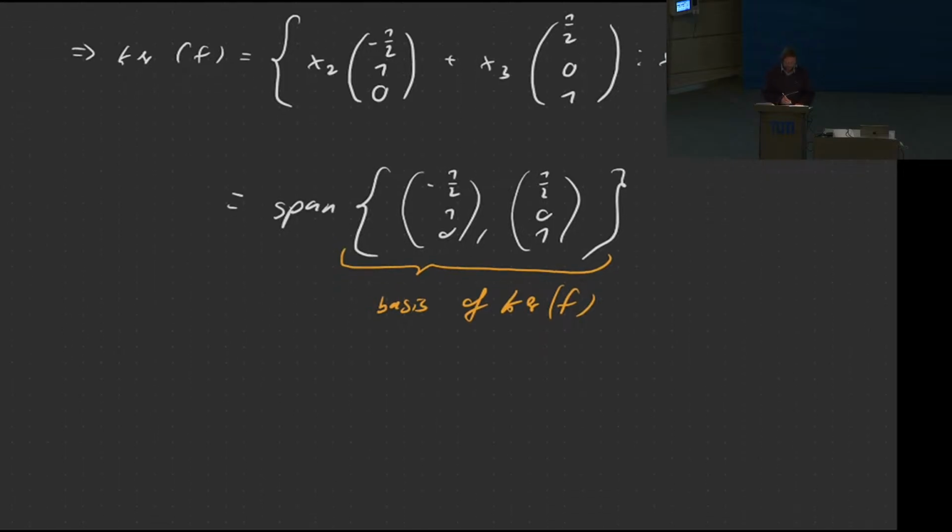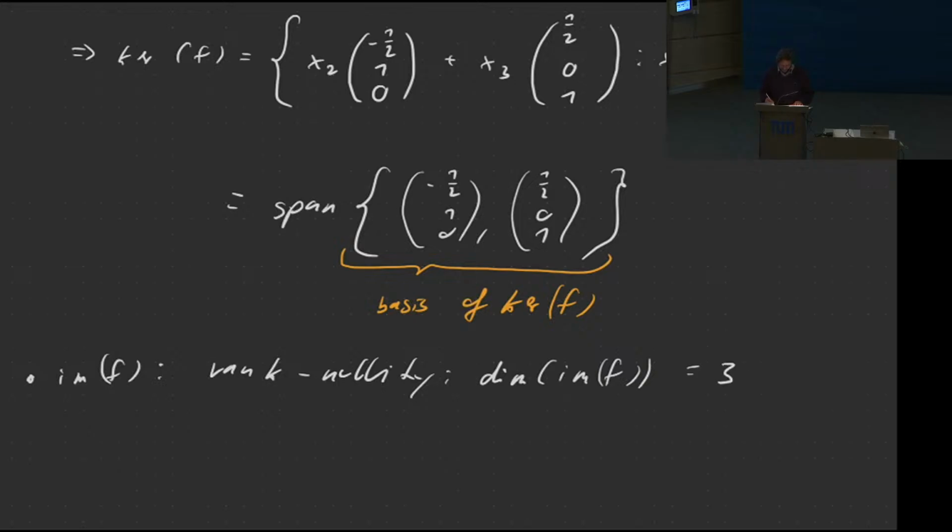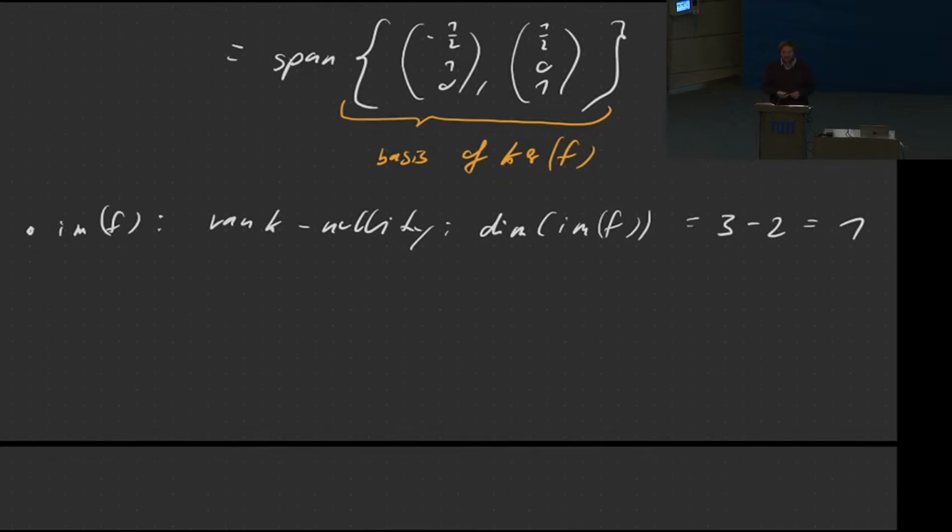Okay, so that's for the kernel, and then for the image. Well, in this case, things are pretty easy. Let's go back to the problem statement. You can see the codomain here is R. And I already know through the rank-nullity theorem that the dimension of the image is going to be 1. So rank-nullity says the dimension of the image of f is 3 minus 2, which is 1. And if the image is 1-dimensional and lives inside this one-dimensional space R, then of course it's going to be the whole space.